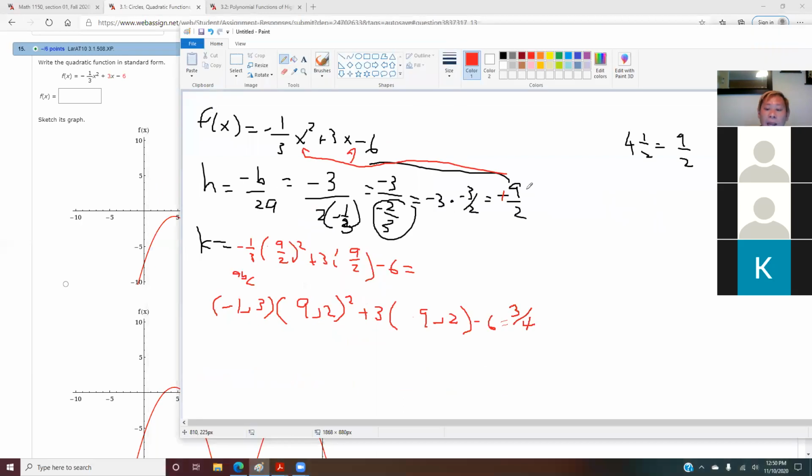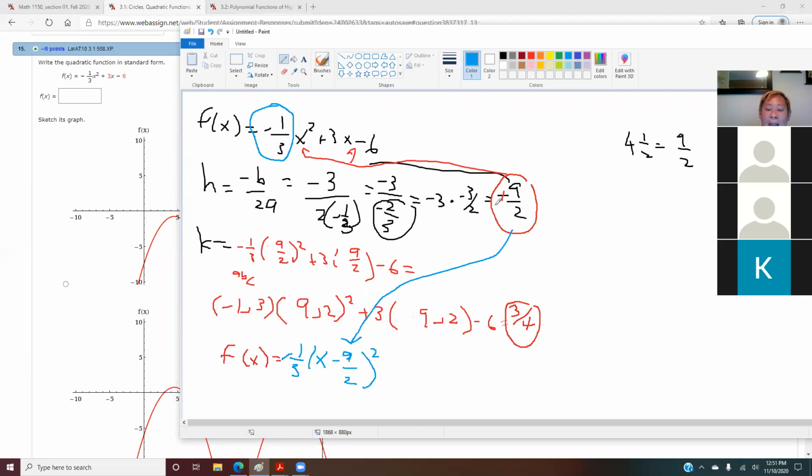So now we know the H, we know the K. How do you write this in standard form? Do we know what A is in this case? Your A should be -1/3 times (x minus H), H is 9/2.